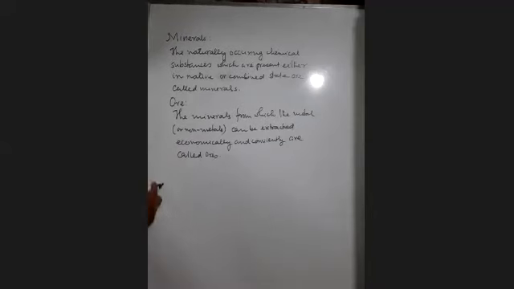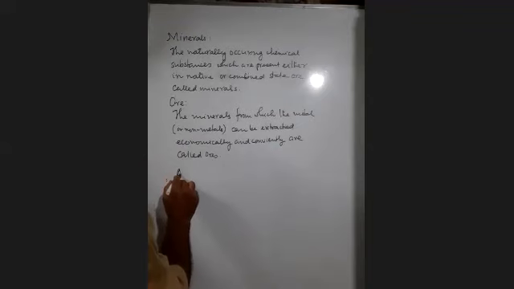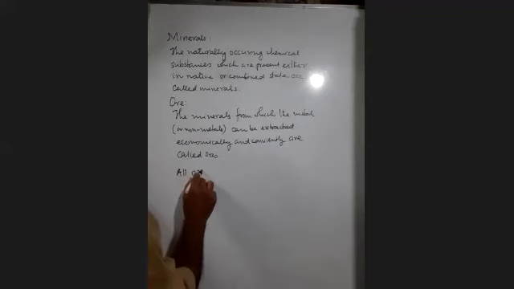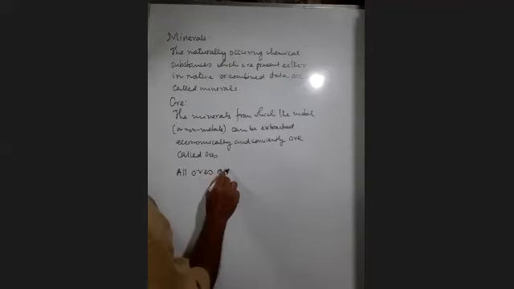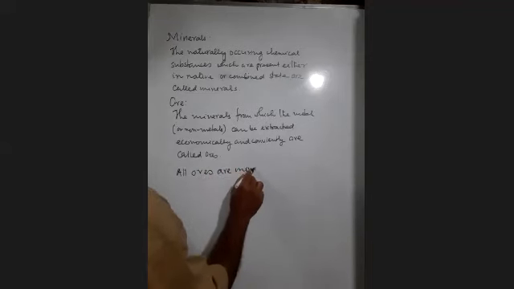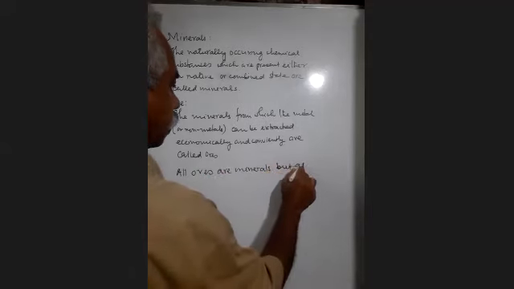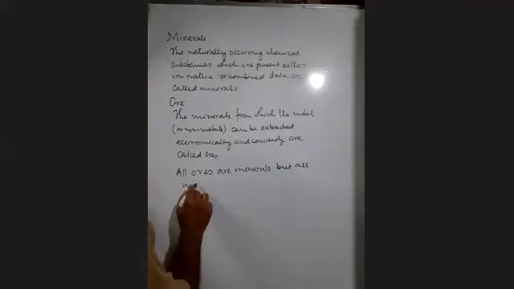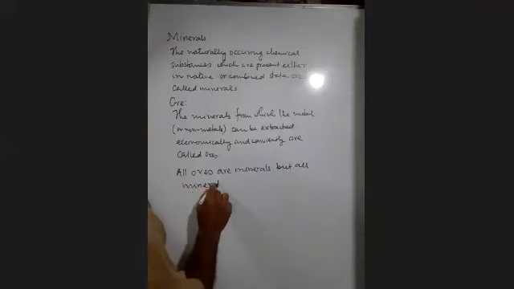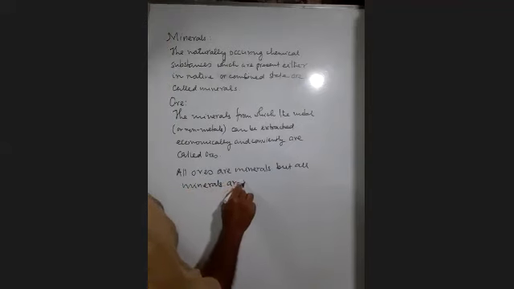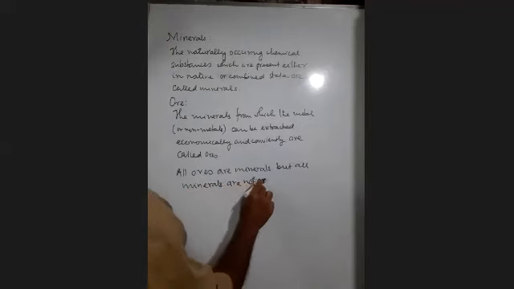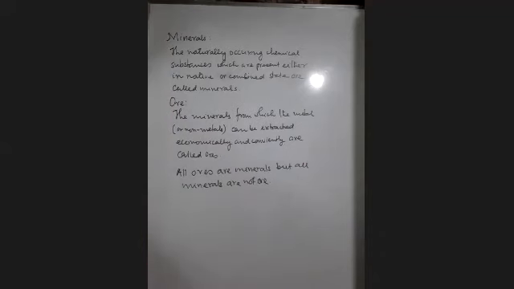So please remember one thing, it's a very famous saying. All ores are minerals, but all minerals are not ores. Why are all ores minerals? Because the ores are chemical compounds.